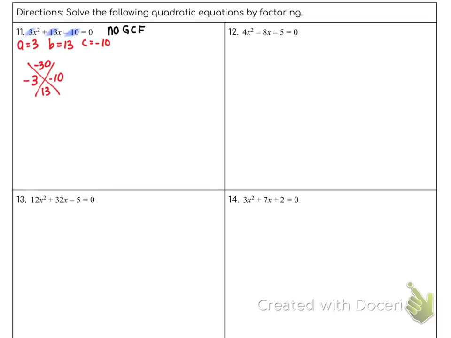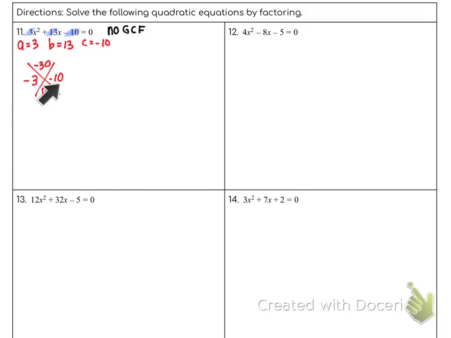Now, this is tempting, so everyone pay attention here. You see how negative 3 and negative 10, you see how we can get a 13 from 3 and 10. But 3 plus 10, if they were both positive, make a positive 13, right? But positive 3 times positive 10 does not give us a negative 30.